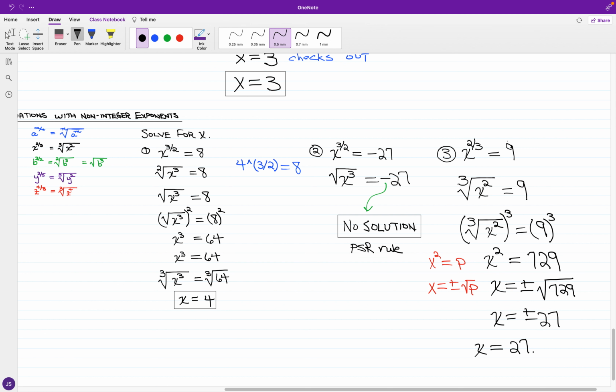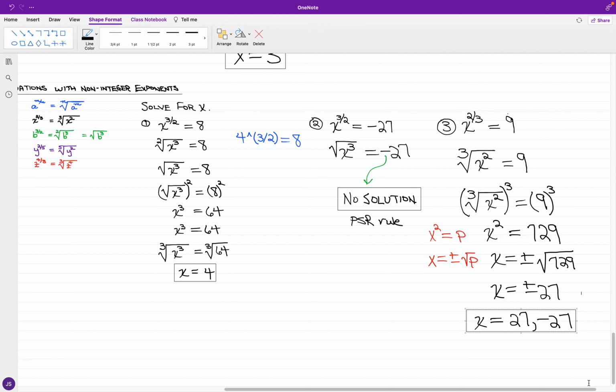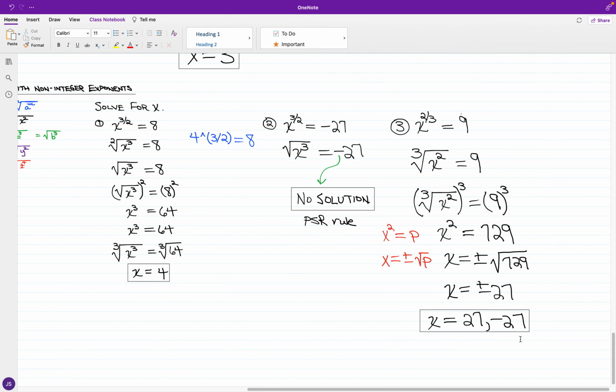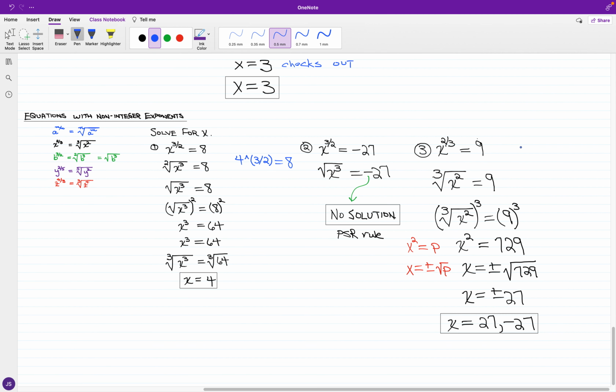So one we have at 27, the other we have minus 27. And there are some calculators that will probably not pick up the negative solution, but in essence we have negative and positive 27.